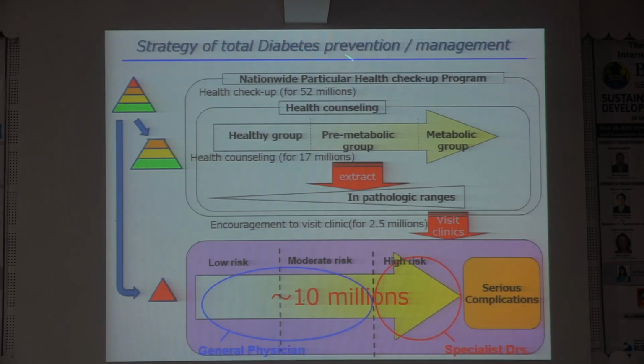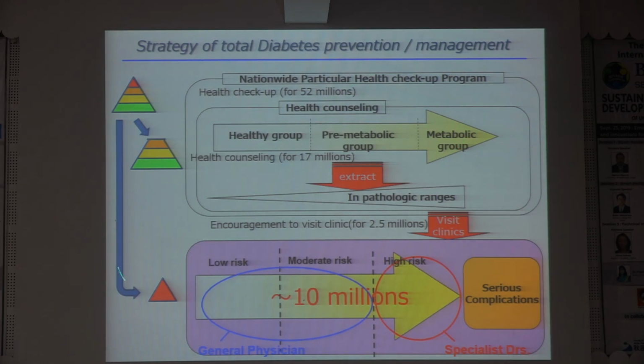Again, I want to explain. The first step is risk stratification by health checkup for 52 million. And then we provide health guidance, health consultation for this metabolic syndrome, this high metabolic group.